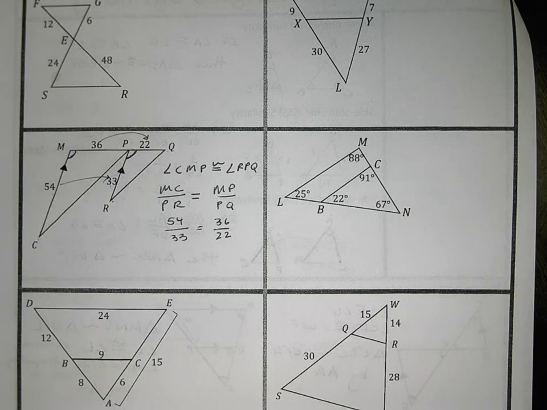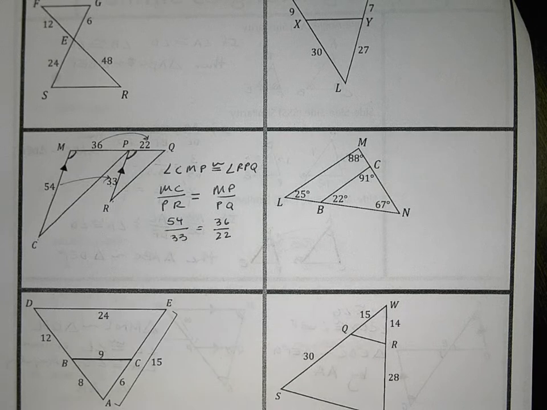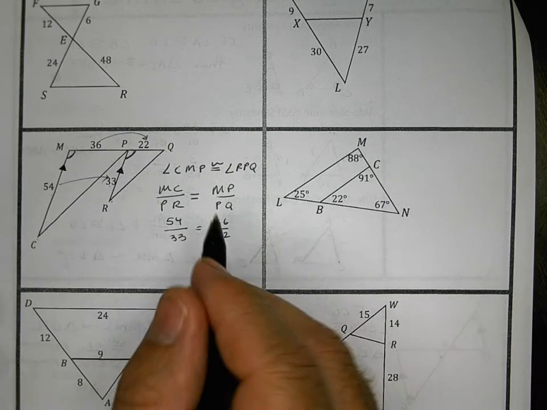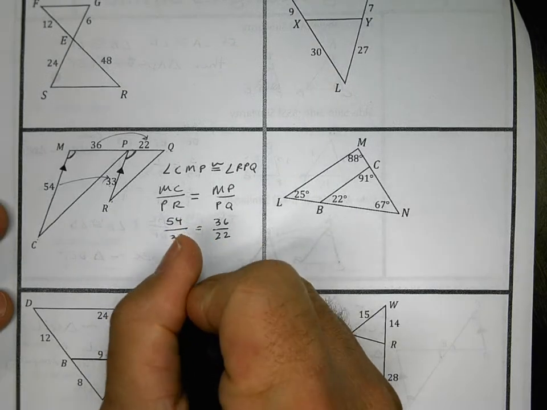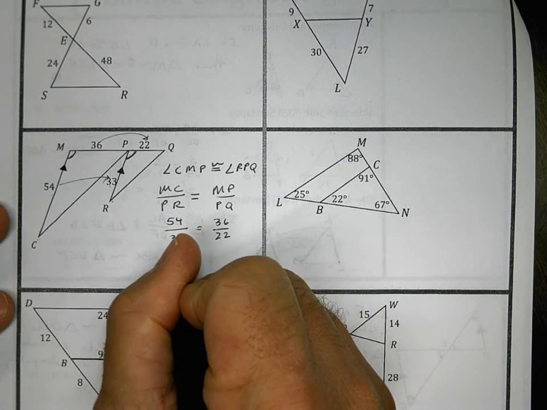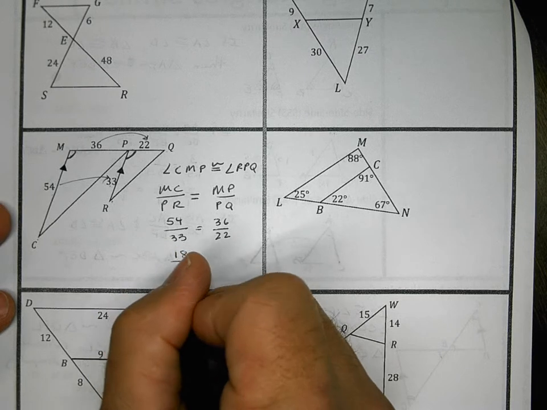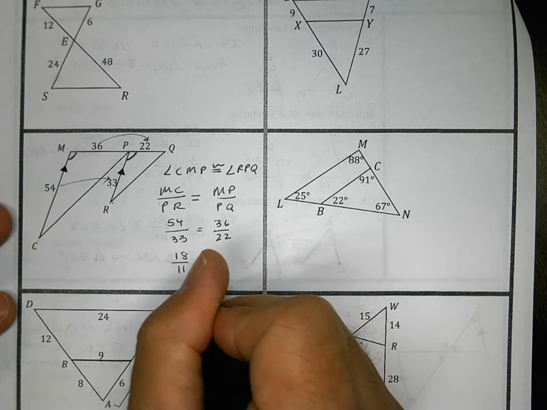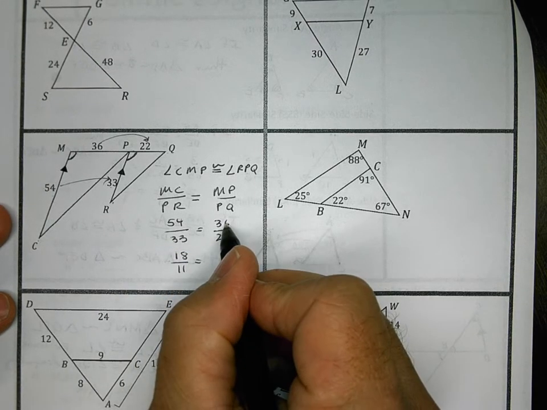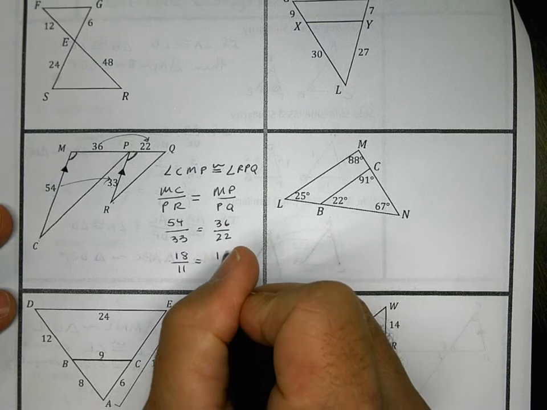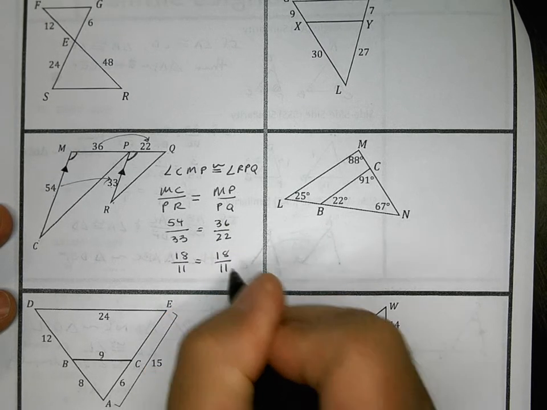Anybody? Kind of hard to tell, isn't it? Will 3 go into these guys? Yeah. Okay, 3 will go into 54. How many times? What's that? 18 times? Good job. And 3 goes into there 11 times. 2 goes into here 18 times, and 2 goes in there 11 times. So they are proportional, aren't they?